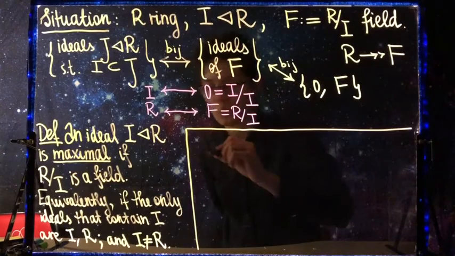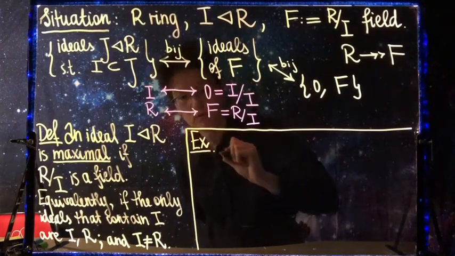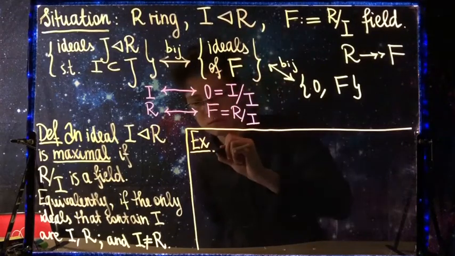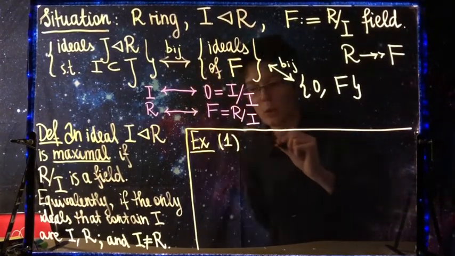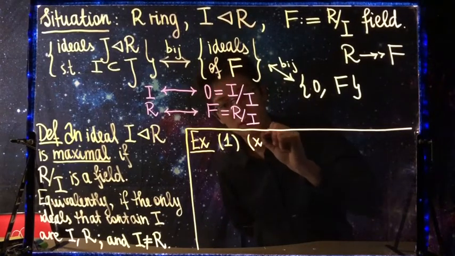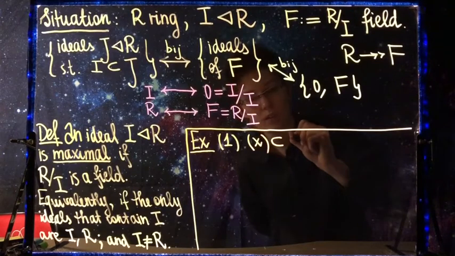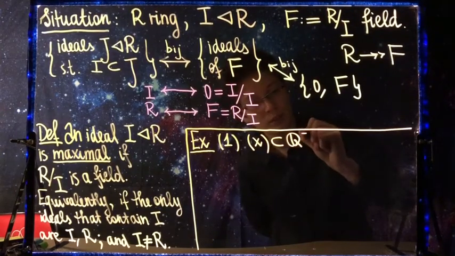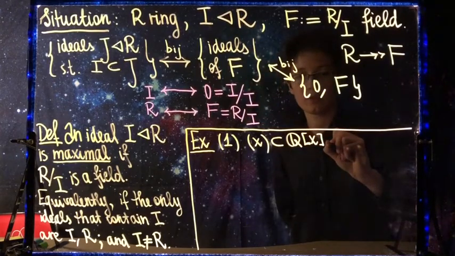Let us work out some examples. Example 1 of a maximal ideal is the principal ideal generated by X inside the ring of polynomials in one variable with rational coefficients.